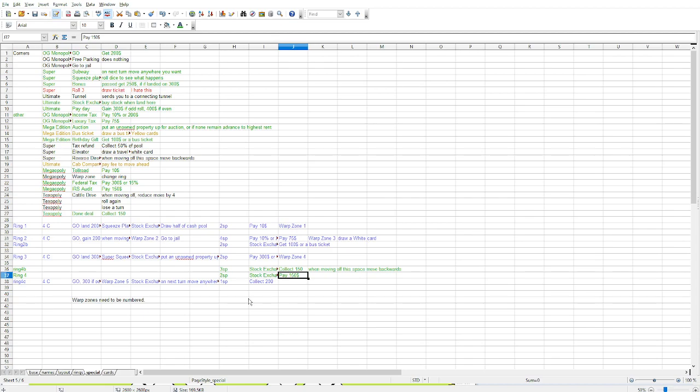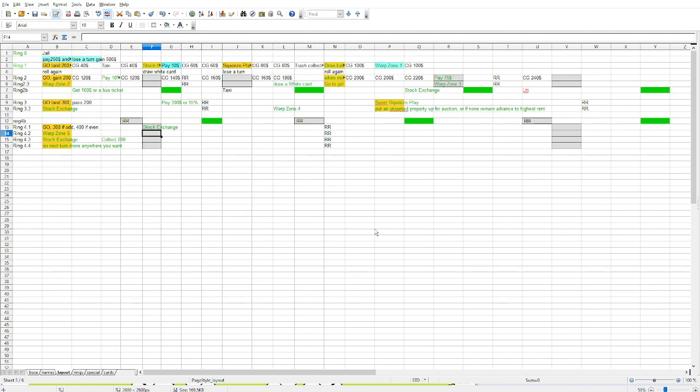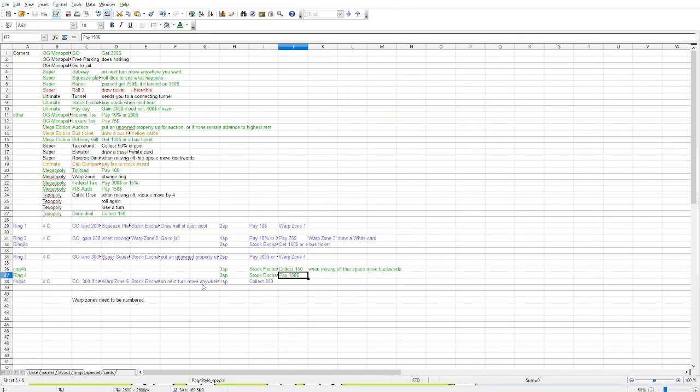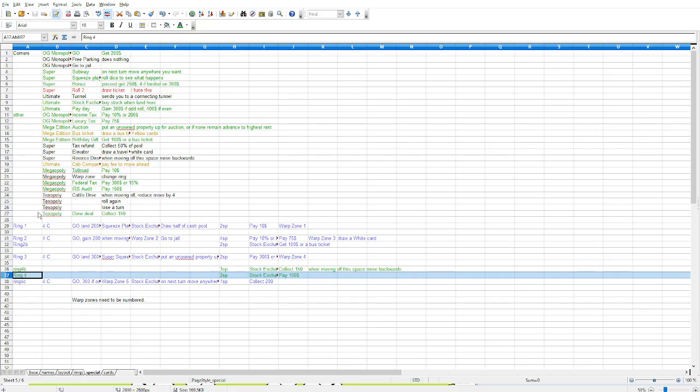A pay 150 space, just somewhere in the regular ring. You know what? Whatever. We'll throw it here. Blue. I keep doing that. That's the wrong button.